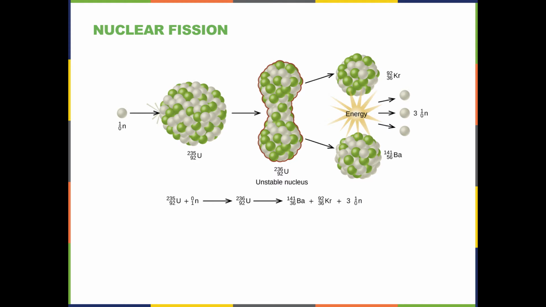So here's an example of a transmutation reaction. This is nuclear fission, or a division of U-235 to form two atoms, krypton-92 and barium-141, with the production of 3 neutrons. So fission is the breaking apart of a larger nucleus to form two or more smaller nuclei.